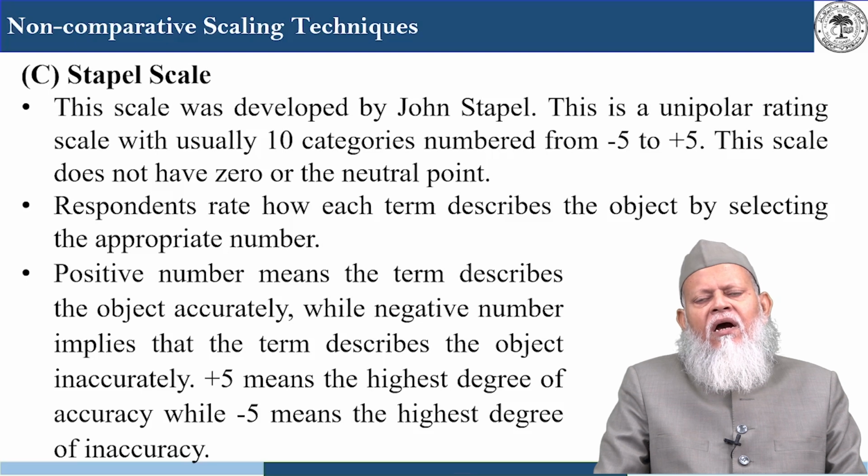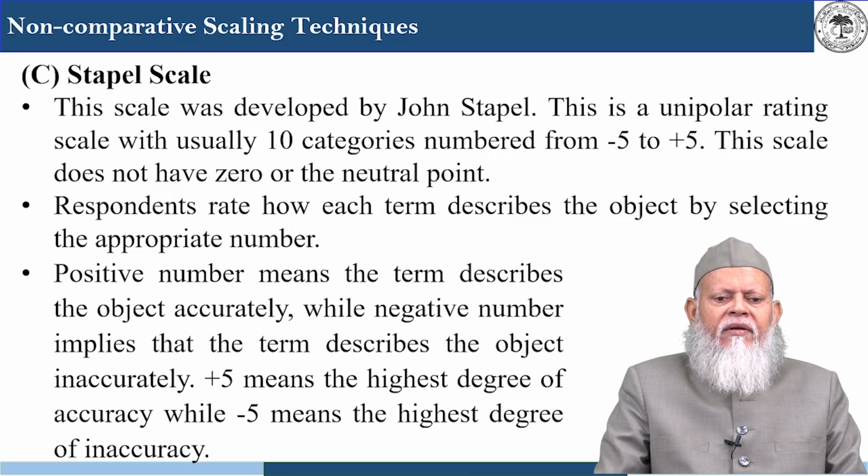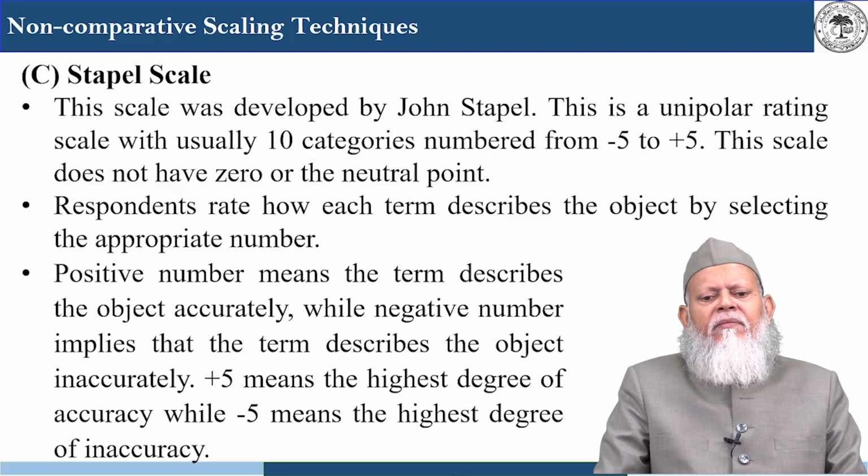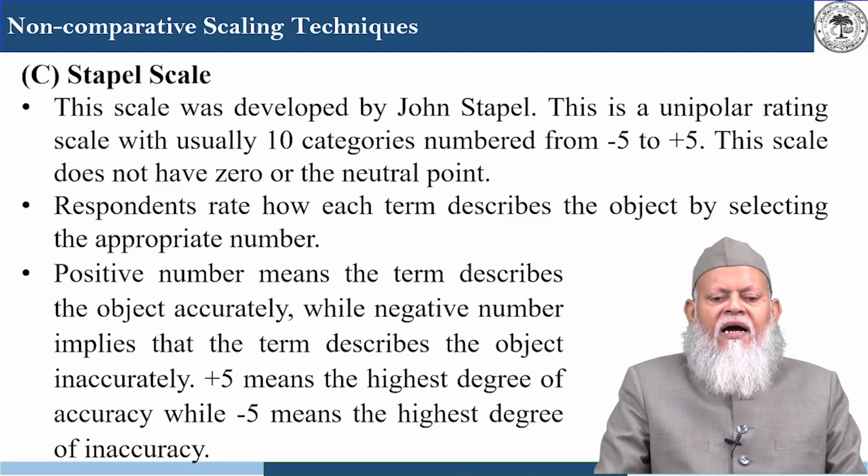Respondents rate how each term describes the object by selecting the appropriate number. A positive number means the term describes the object accurately, while negative means that the term describes the object inaccurately. +5 means the highest degree of accuracy, while -5 means the highest degree of inaccuracy.